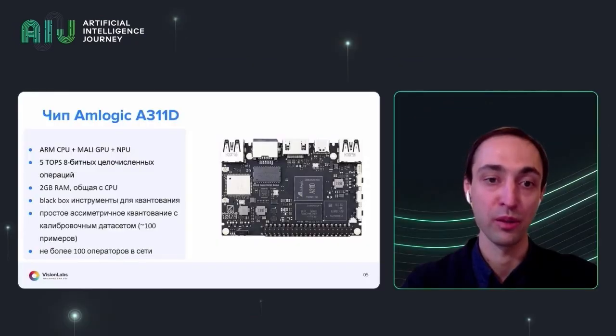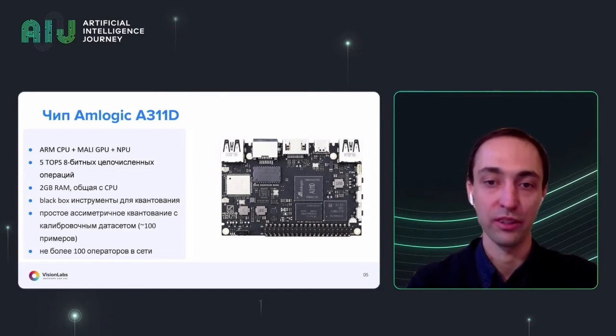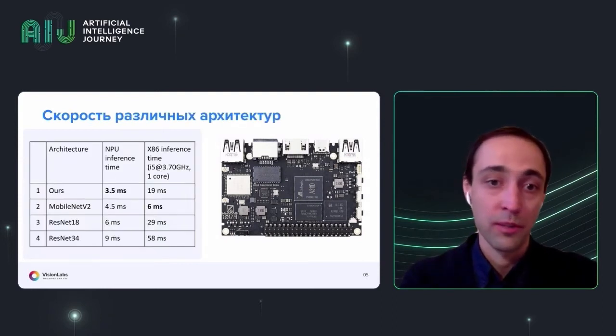The maximum drop in our networks was 1%, which is quite okay for a production device. The chip has 2 gigabytes of RAM shared with the ARM CPU, which also sets certain restrictions on the type of model we could put there.